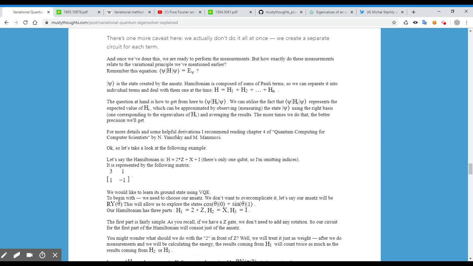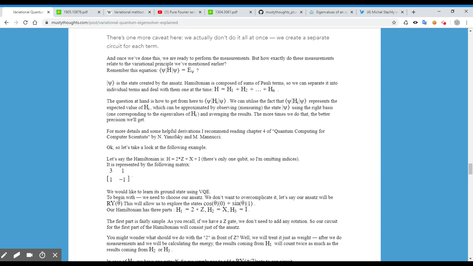But how exactly do the measurements relate to the variational principle? Remember, the Hamiltonian is composed of sums of Pauli terms, so we can separate it into individual terms and deal with them one at a time. The question at hand is how to get from here to here.